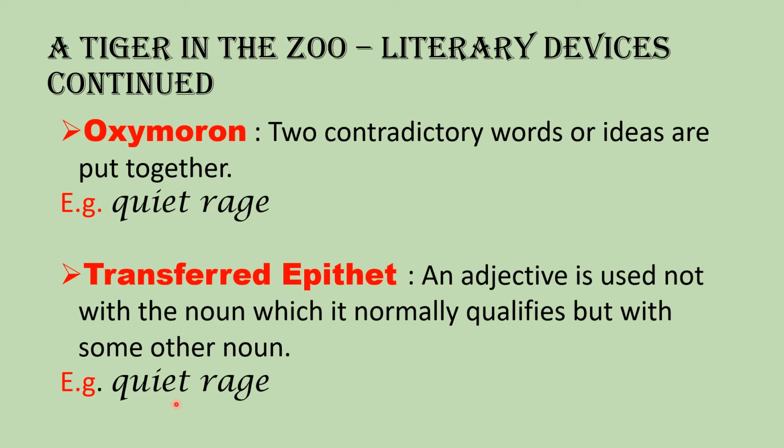Who is not expressing his emotions, his anger? It's the tiger. So the word quiet should have been used with tiger, not with rage. So it is not qualifying rage; it will be qualifying the noun tiger. That is why the adjective is, we can say, wrongly used, so it is known as transferred epithet. Okay, let's go on to the next literary device.